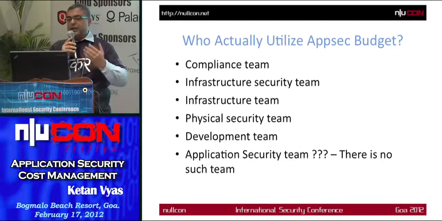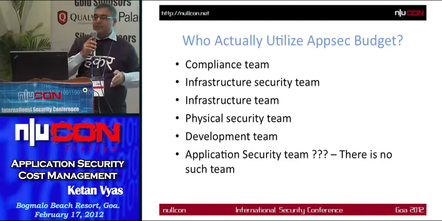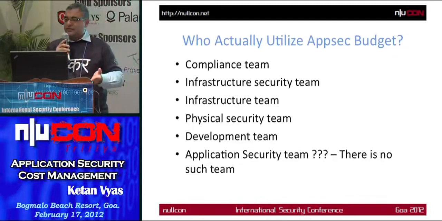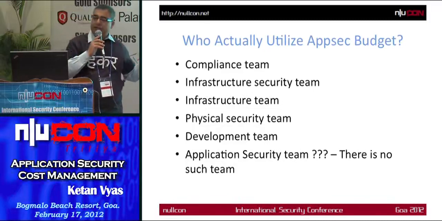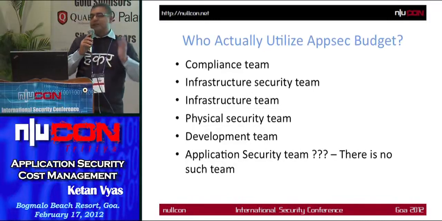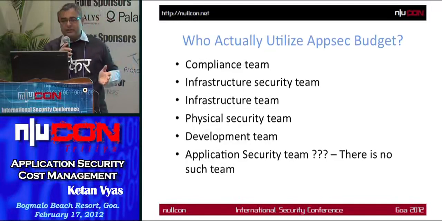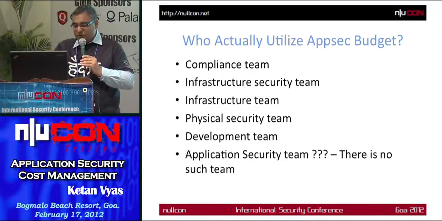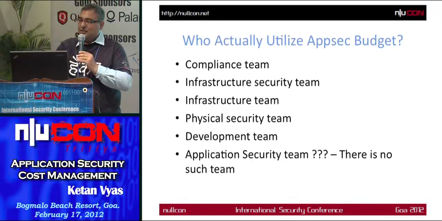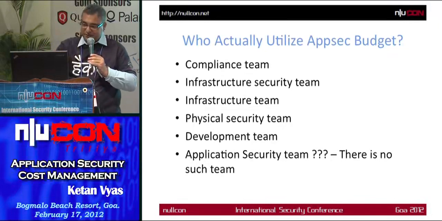They will say you put applications onto servers, but servers need to be secure, so that should be part of the application security budget. So there are a number of teams, and many companies may not even have an application security team. So what will they do? They will start hunting for service providers. So if you see the effective utilization of the AppSec budget, it's been utilized by everyone except the application security team.